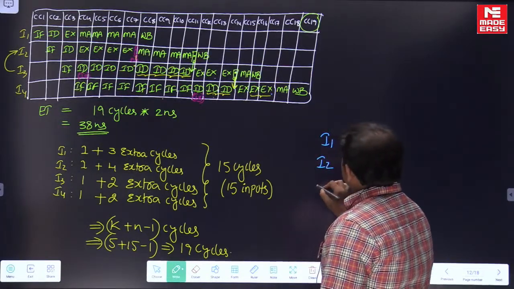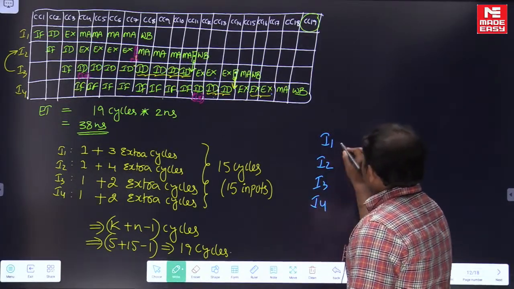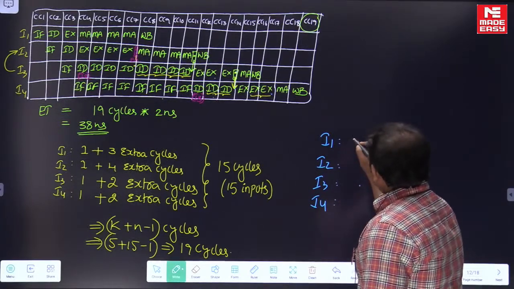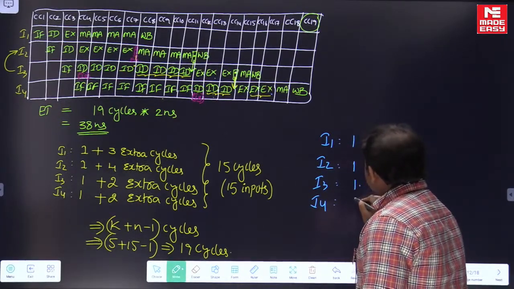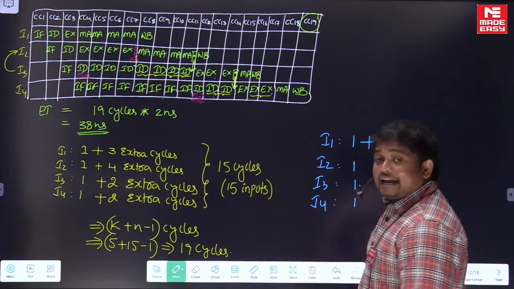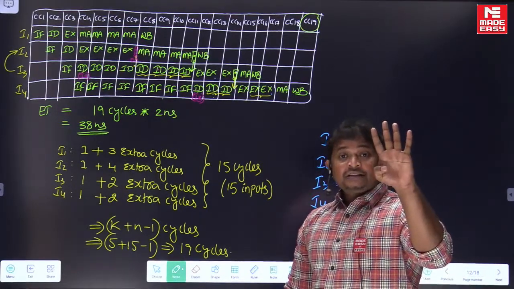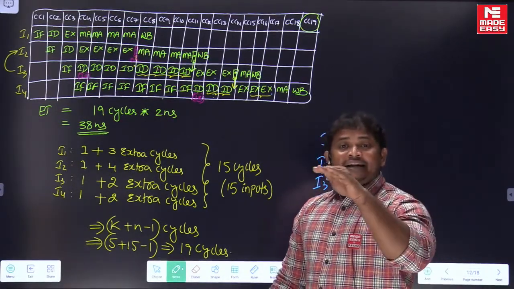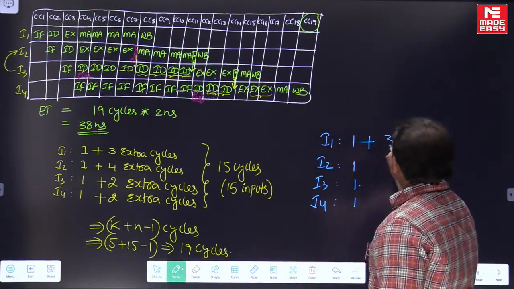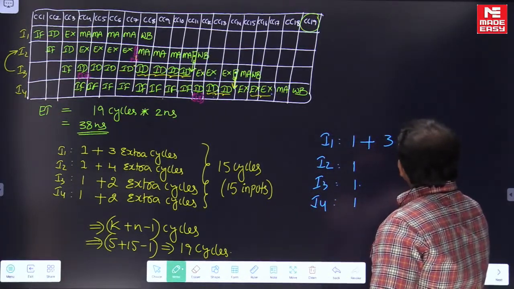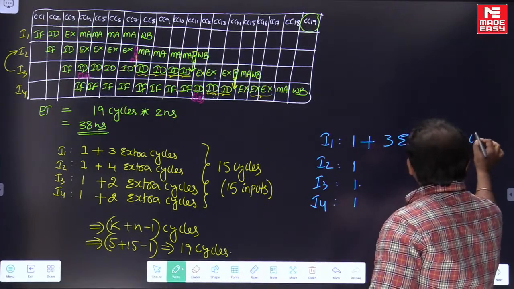I1, I2, I3, I4. Every instruction usually takes 1 cycle each. Plus I1, MA 4 cycles. Therefore, taking 1 as common, extra 3 cycles are there. 3 extra cycles. Very good.